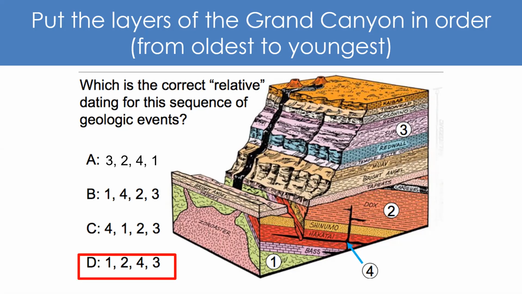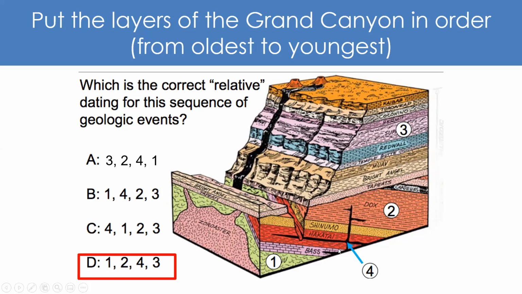So does that make sense to everyone as to the workflow of that? Does anyone need any more help understanding that? Yes, could you explain cross-cutting a little bit more? Yeah, of course. So cross-cutting means that something basically went through this formation that already existed. So in this case, we have our 1 deposit here at the bottom.